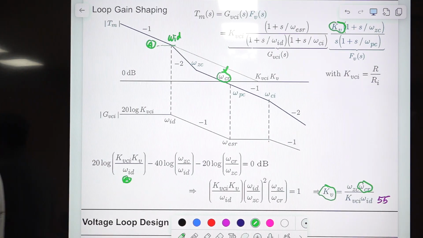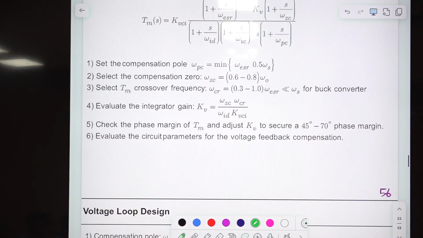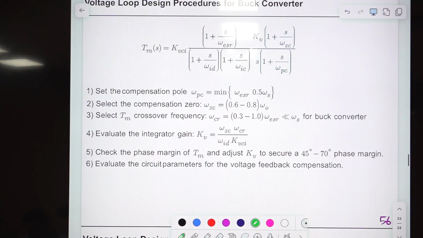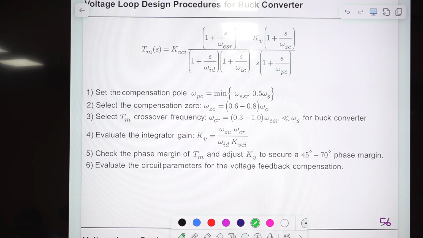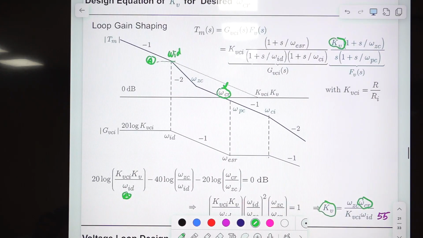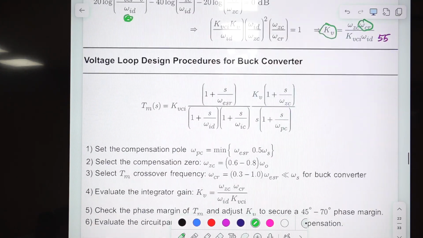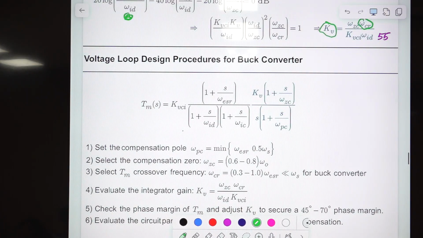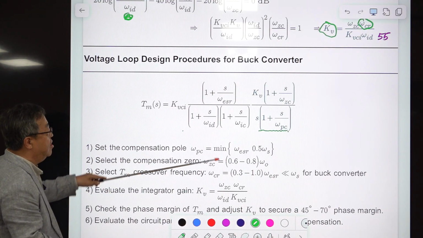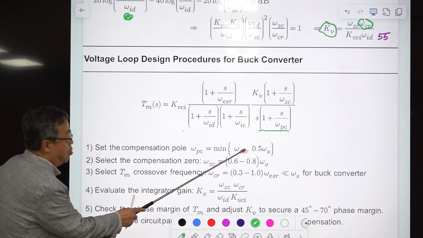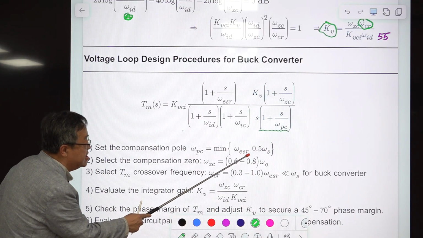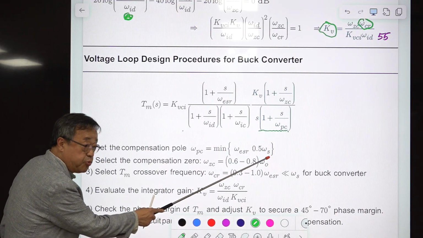All right. Then again, this is a summary of the previous selection. This is the TMS expression shown here. So this part is GVCI. This is the voltage feedback compensation. Omega PC, you select that as the lower value of omega ESR or half the switching frequency.